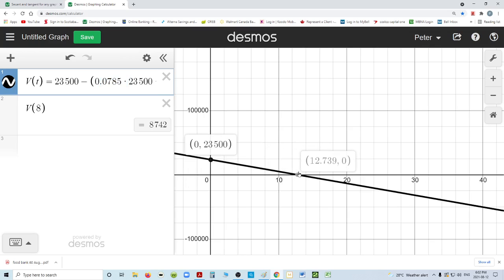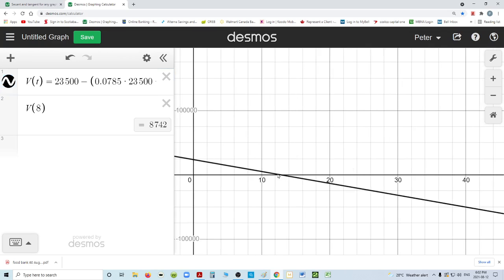After 12.7 years, your car is worthless. That's not really true, because cars don't lose 7% over and over again. They lose a percentage of last year's value, not the initial value.